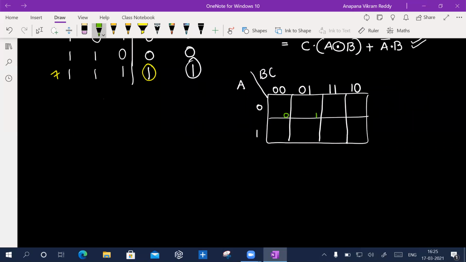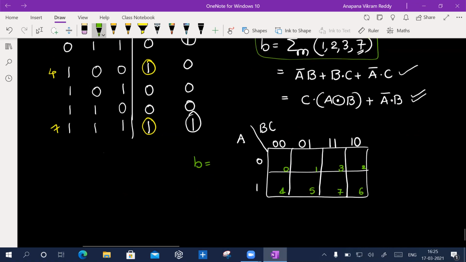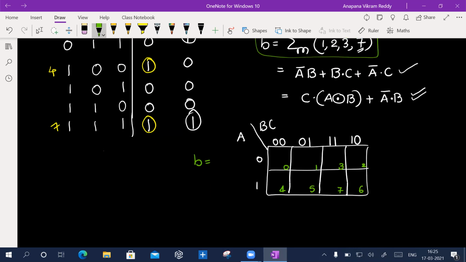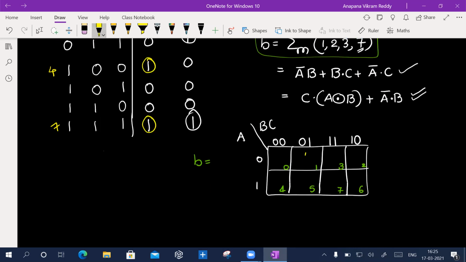So 0, 1, 3, 2, 4, 5, 7, 6. So what do you have for B? B is equal to sum of minterms 1, 2, 3, 7. So I'll go for this.